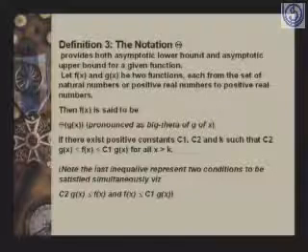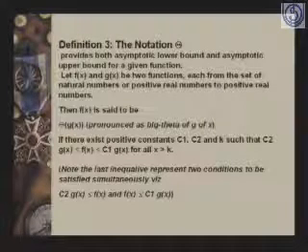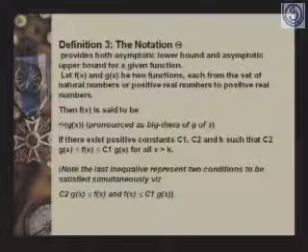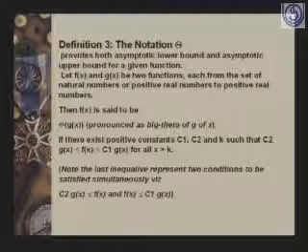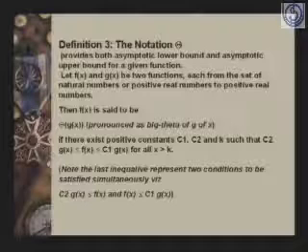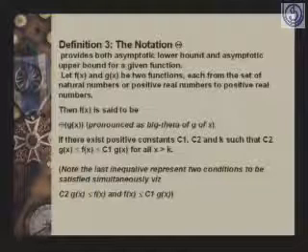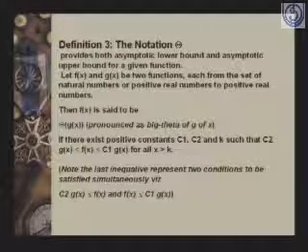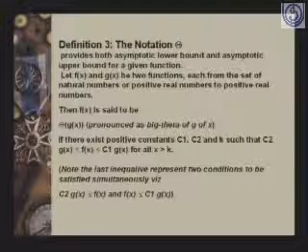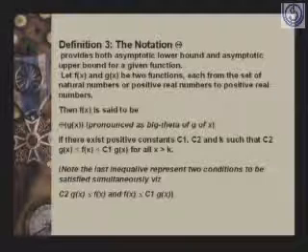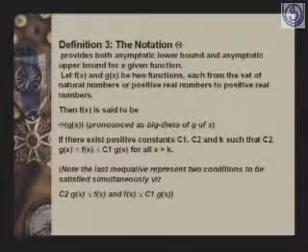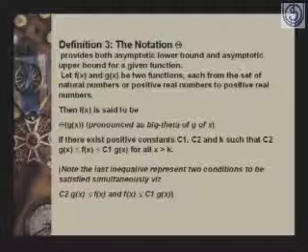Then f(x) is said to be theta of g(x), pronounced as big theta of g(x), if there exist positive constants C1, C2 and K such that C2 of g(x) is less than or equal to f(x) is less than or equal to C1 g(x) for all x greater than K. What is worth noting is that if f(x) is of order theta of g(x), then the value of f(x) must lie between some multiples of the values of g(x) at the corresponding point.